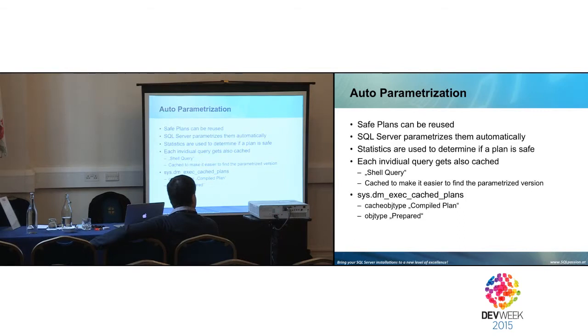Safe plan means that you get the same execution plan regardless of your input parameter values. It means when you have a bookmark lookup in your execution plan, you have no safe plan anymore, because, as we have already seen, based on the input parameter value, you can get different execution plans: bookmark lookup, table scan, or clustered index scan.